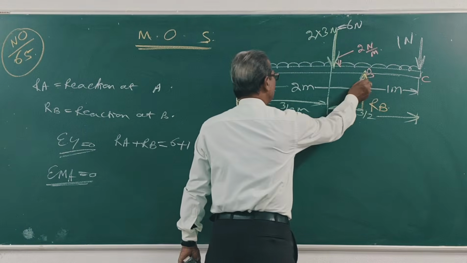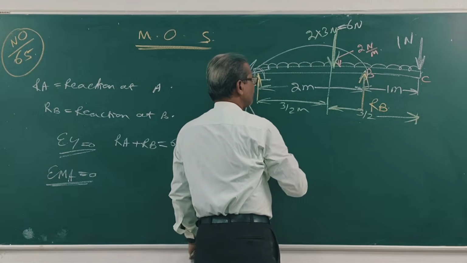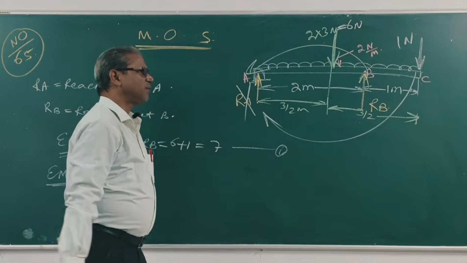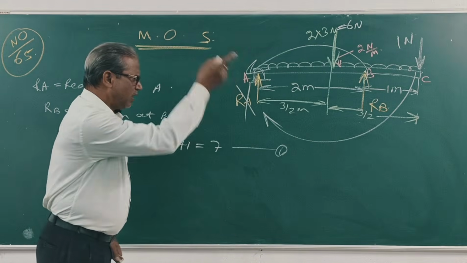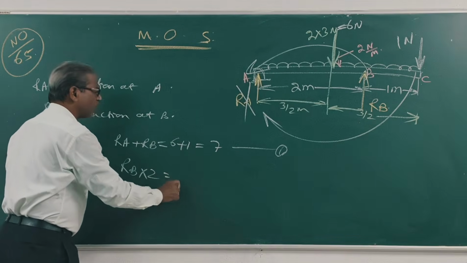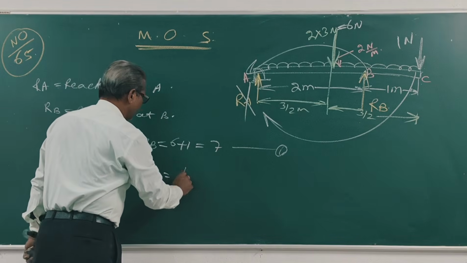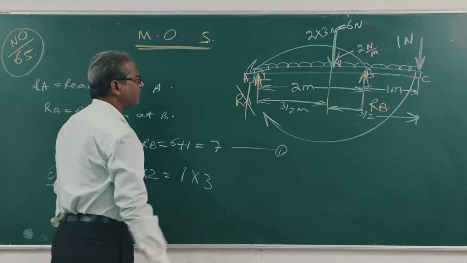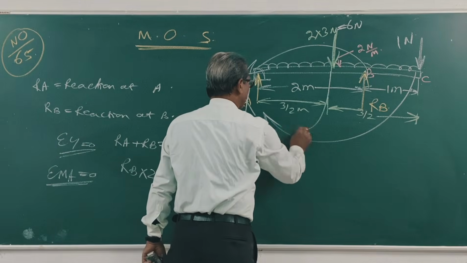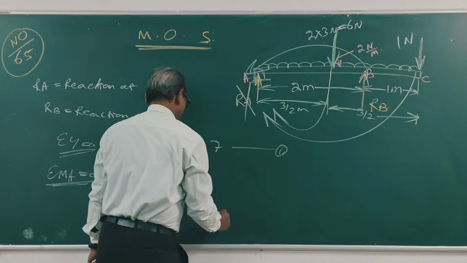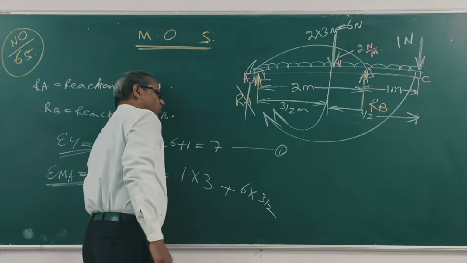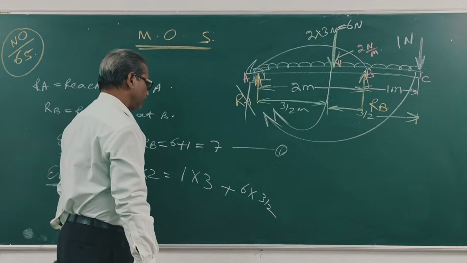So RB into 3, W into this distance. RB into 3 is equal to 1 into 3 plus 6 into 3 by 2, that is 2 into 3 into 3 by 2. Clear?